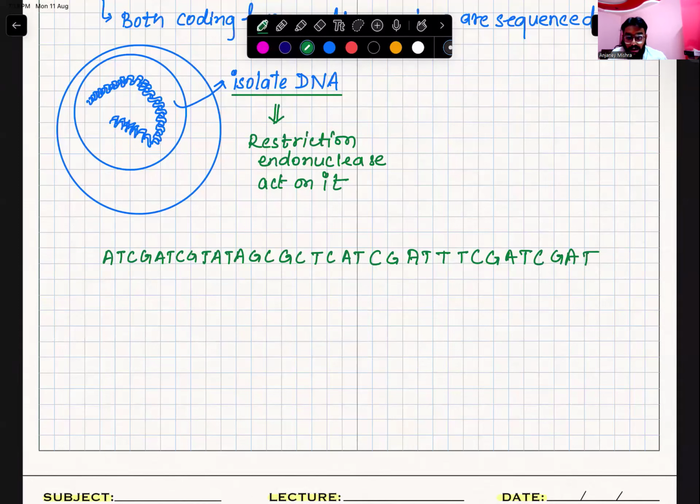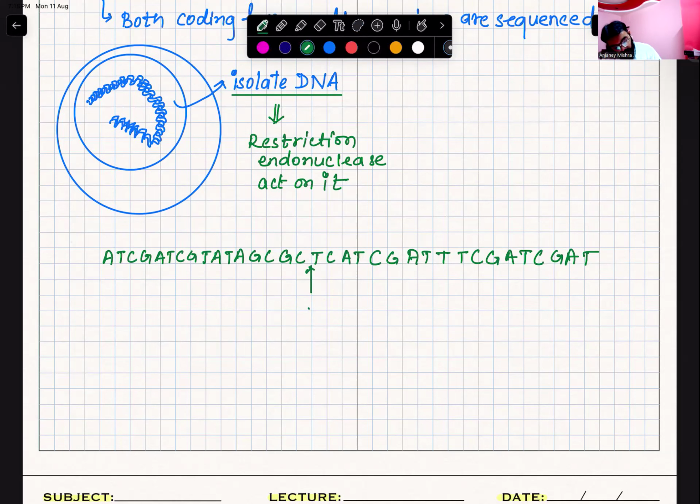Let's say this is the sequence over here, and I have put random restriction enzymes. One is cutting over here. Okay, one is making a cut over here. After the first one's cutting, what do we get? We get the fragment which looks like this. Let's cut it a little further away, somewhere over here.